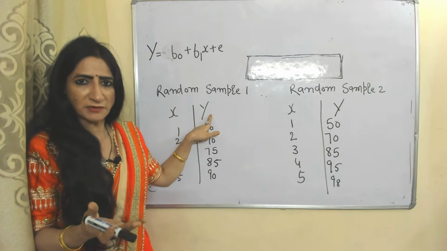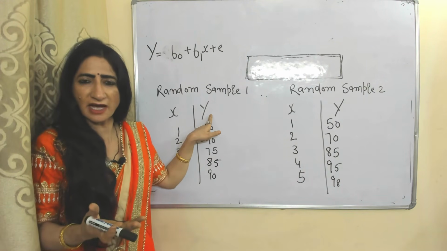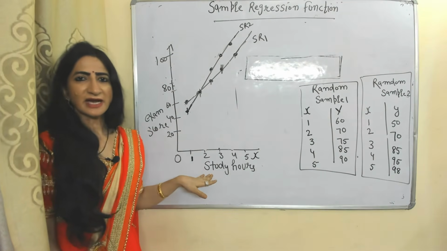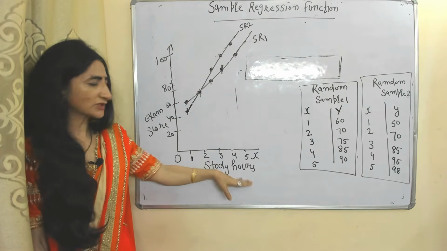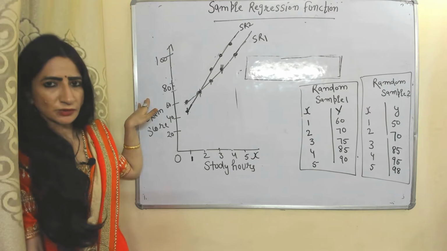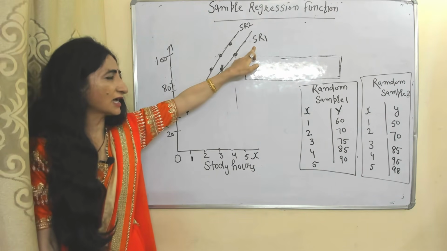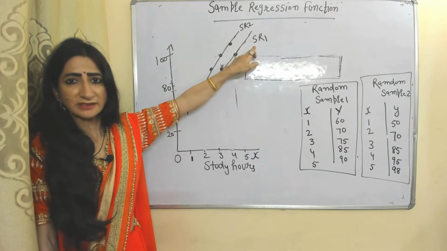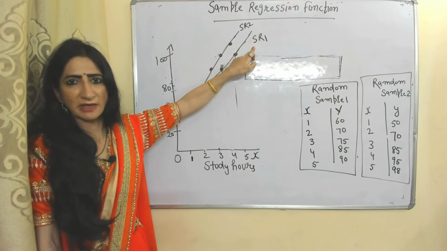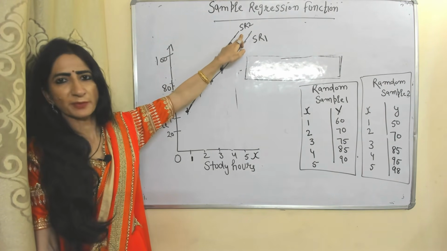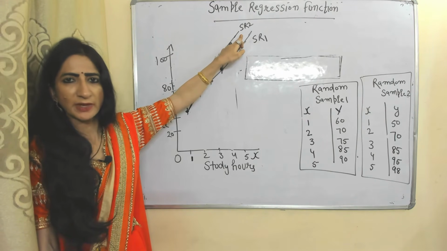Y is the dependent variable which represents exam score. In this diagram, on the x-axis we have study hours, on the y-axis we have exam score. When we plot all this data, this line represents random sample 1 and this line represents random sample 2.